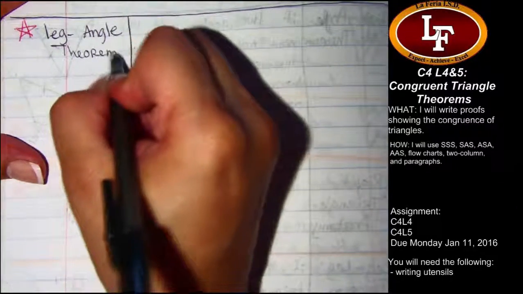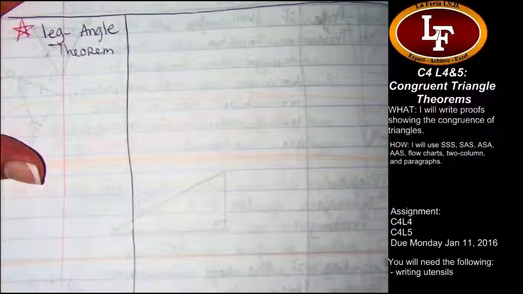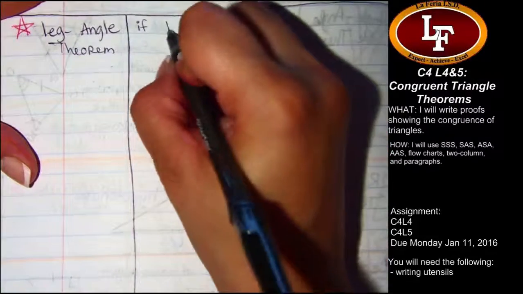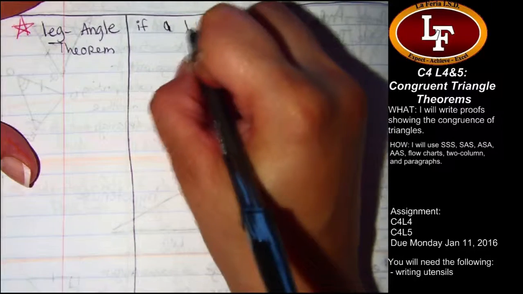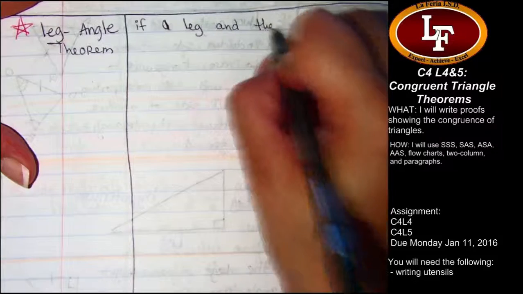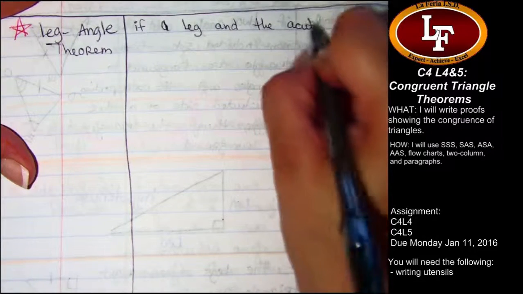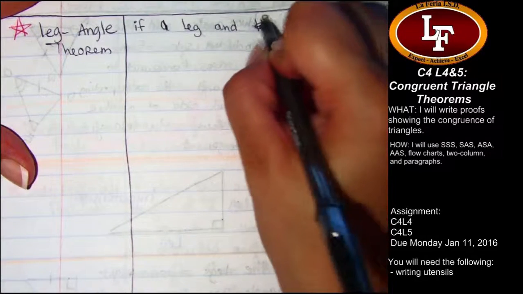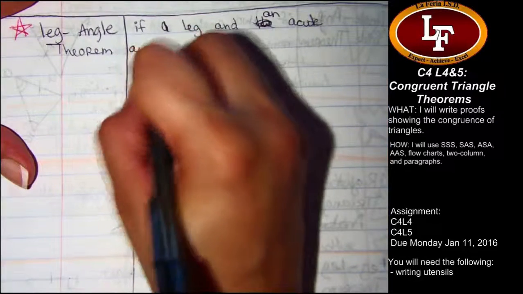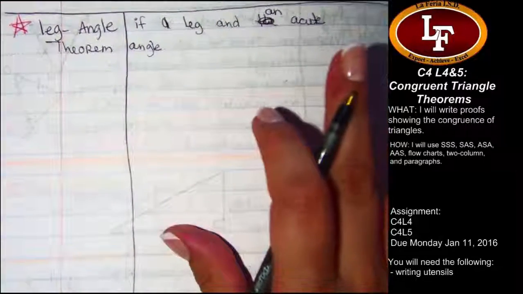These seem to follow a pattern. You can almost kind of guess what it's going to say by the name. The leg angle theorem says if a leg and an acute angle. So it doesn't matter which one. It can be either one because there's going to be 2 in there.